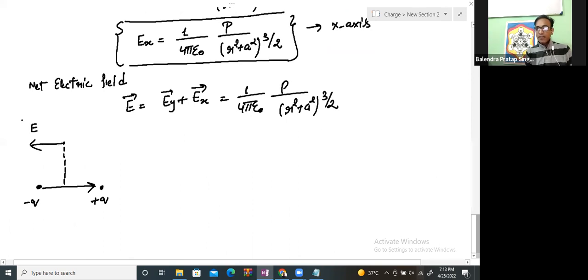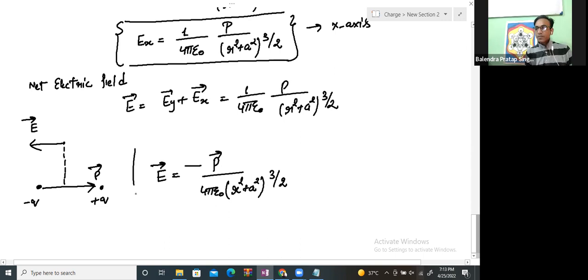So the electric field with direction is vector p divided by 4 pi epsilon naught times (r square plus a square) to the power 3 by 2, and we have to put a minus sign. So this is the expression of our electric field.